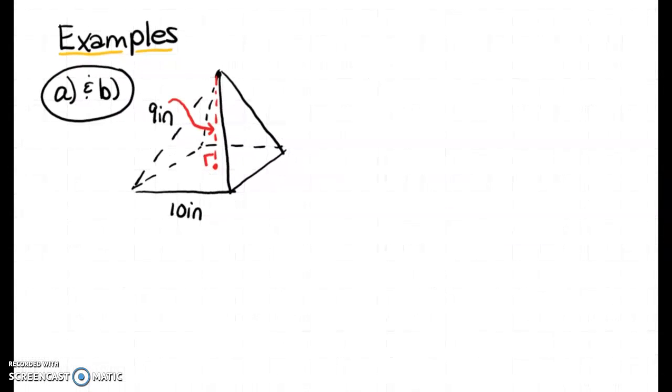Our first example gives us the actual height of the pyramid. And if we write our formula down, it's 1/3 the area of our base times our height. And in the example, we're told that this is a square pyramid. I know I didn't write it here, but this is a square pyramid.